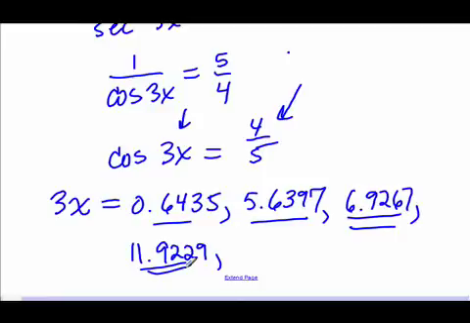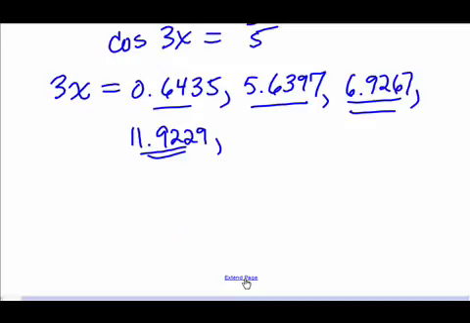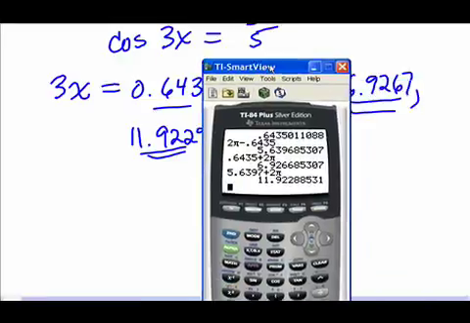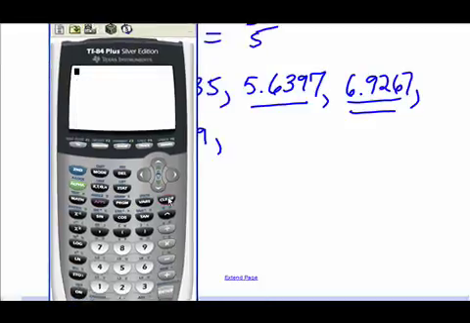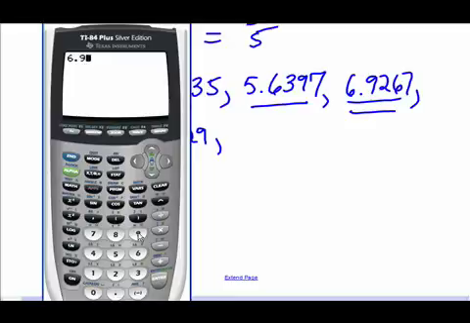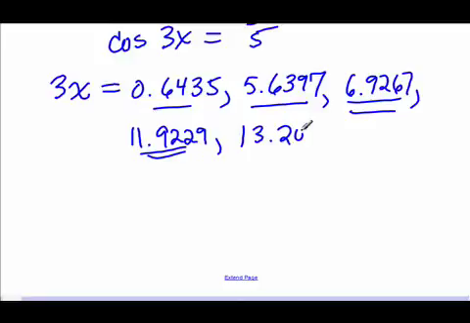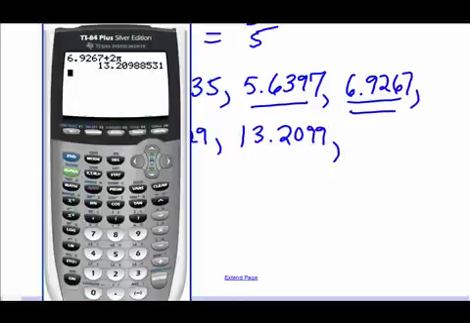Got to go one more time around. I'll take the previous 2 answers, add 2 pi onto them. So previous answer, 6.9267 plus 2 pi, 13.2099. And one more 3x angle.